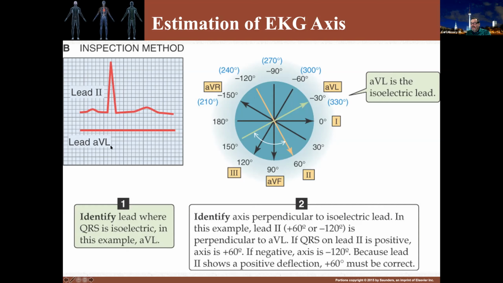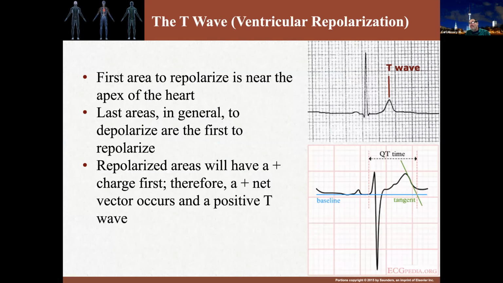If it's negative, the axis is minus 120. You're probably very seldom going to see a minus 120. Now, the real problem with this method is that you quite frequently are not going to have a truly isoelectric lead, and so your estimation is going to be much less accurate than if you use the geometric method.